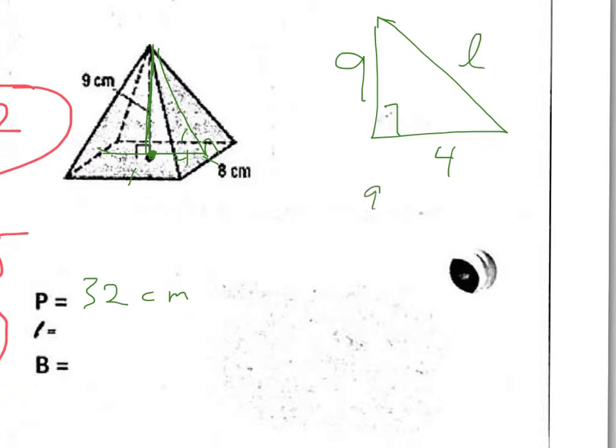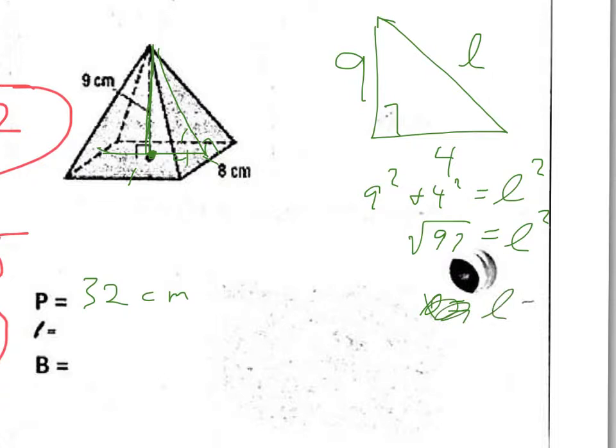We can use the Pythagorean theorem to solve for that. And when you do that, you end up with radical 97 equals L, the slant height. If we figure out what that is to the nearest tenth, we get L equals 9.8 centimeters. So that's how you find it.